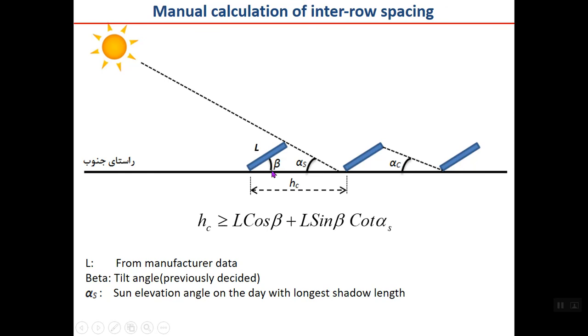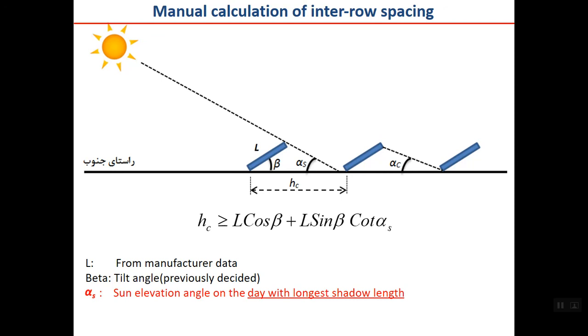Beta is known generally when you want to install panels. We discussed that, I think, last week. And the last thing is alpha S. Alpha S, as you can see here, is the sun elevation angle, but you should take it for the day with the longest shadow length. Why? Because if it works for the day with the longest shadow, then it will also work for other days of the year.